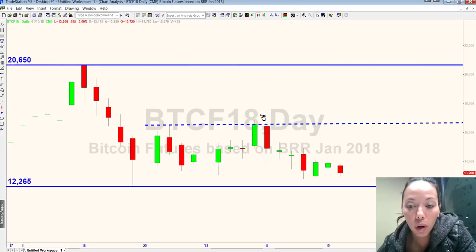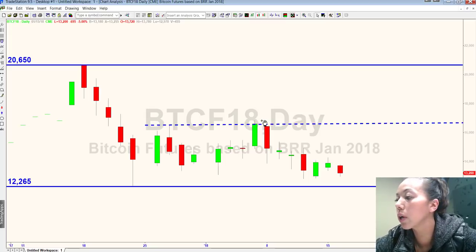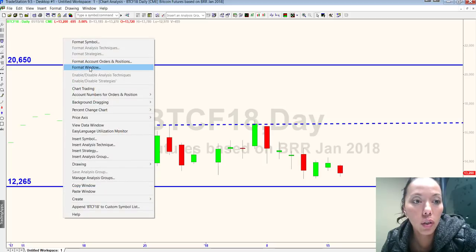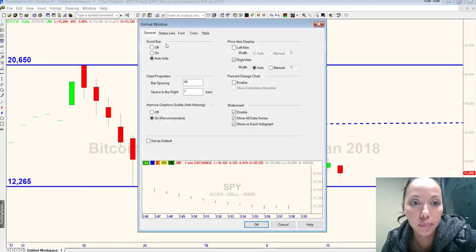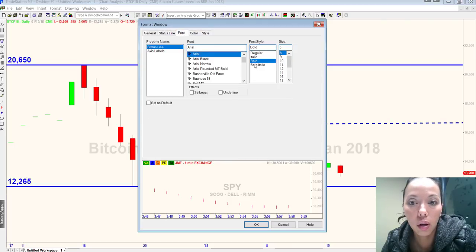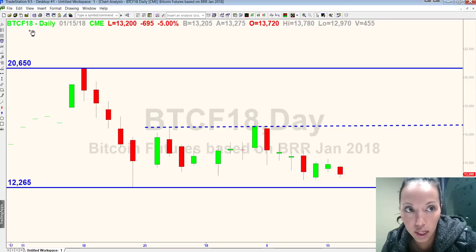Now this is the January contract, okay? January contract, which, it's hard to see, I'm sorry. This is BTCF18, F is in Frank. I'm going to make this bigger so you can see it. So right here, Bitcoin futures contract, F is for the January contract, 18 represents 2018.